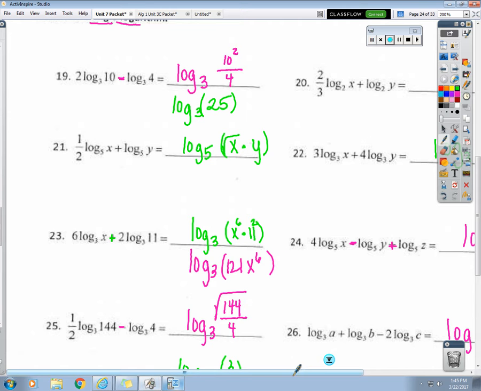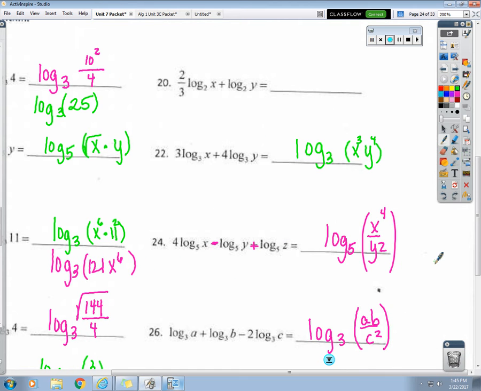Okay, number 20. This is the most difficult one. Log base 2 of x times y, but x should be raised to the 2/3, correct? However, you may not see it written like that. Let's talk about how you may see it written. At the beginning of this packet, we learned how to rewrite rational exponents in radical form.